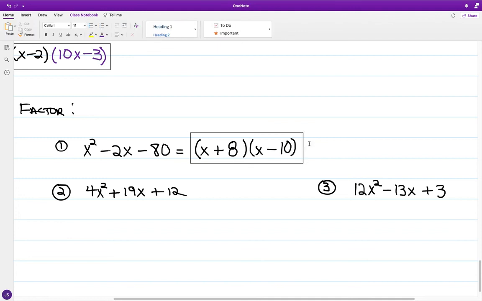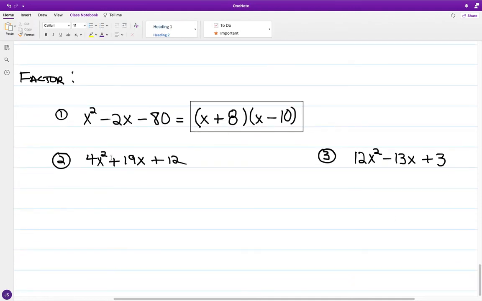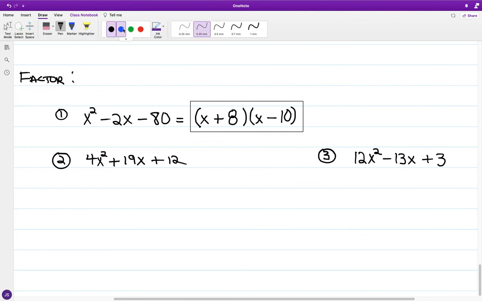Now for the second and third items, factoring by grouping again is a viable route to getting to the factors of these particular trinomials.